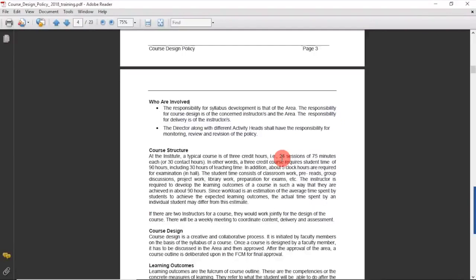So in 30 hours, a teacher is required to complete the course. Now 30 hours involved 24 sessions, as one session was for 1 hour 15 minutes. That means one period which the teacher used to take in the class is for 1 hour 15 minutes. So we are going to follow a session of 75 minutes and each subject will be for 30 hours.